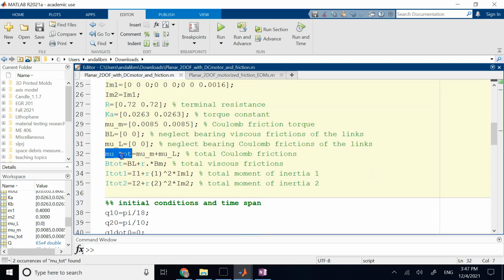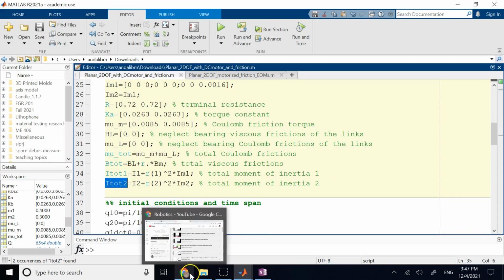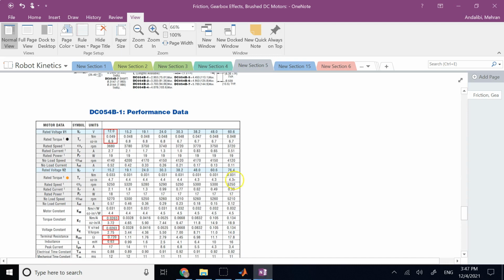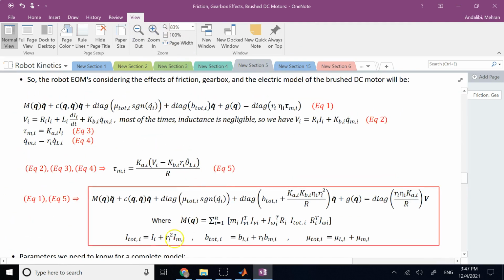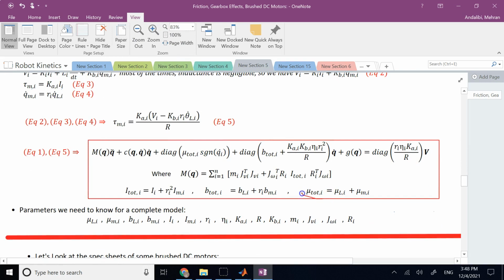And now I have to calculate mu total, B total, and I total for each one of the joints. And we go by the definition that we had. If we take a look here, your mu total is mu of the link plus mu of the motor.